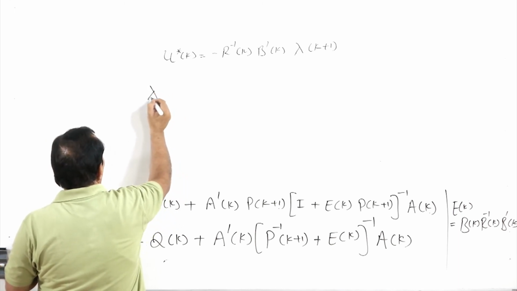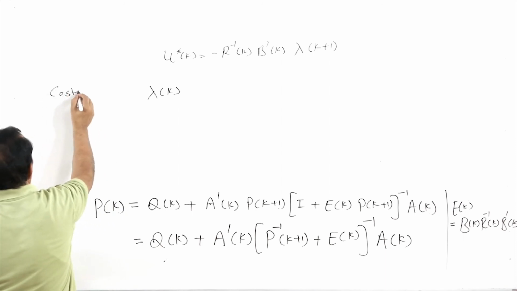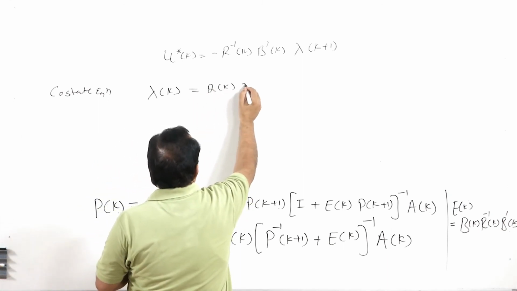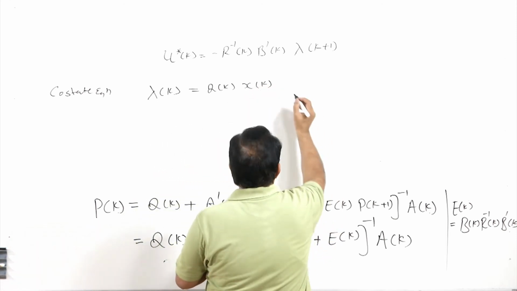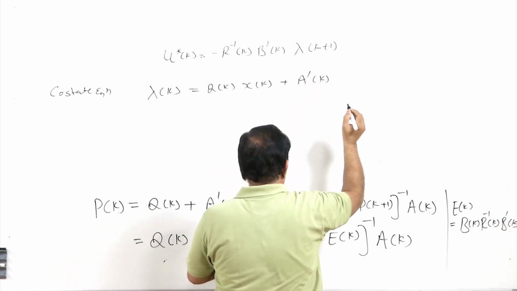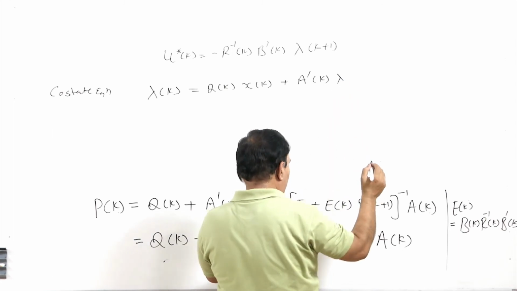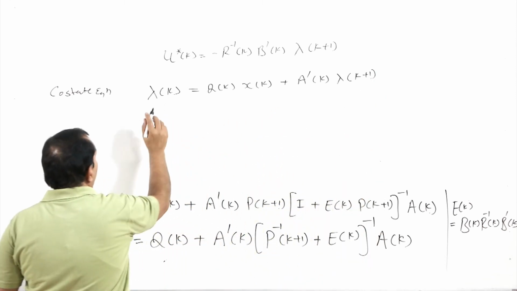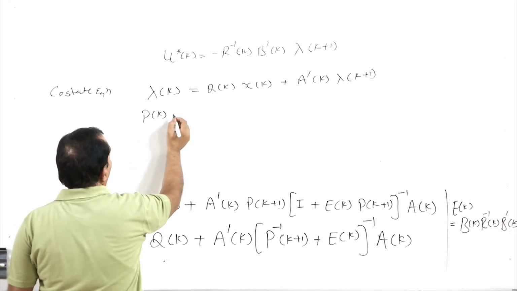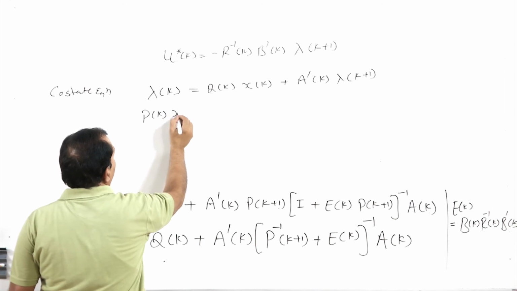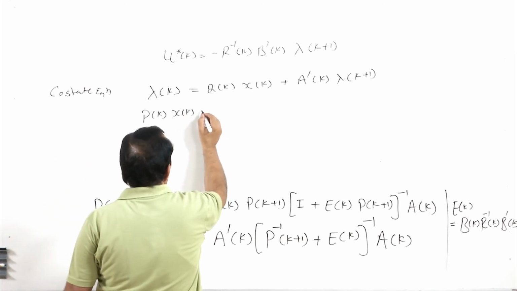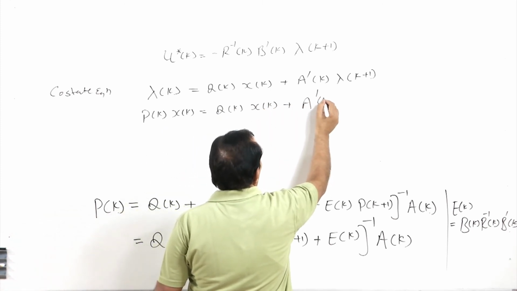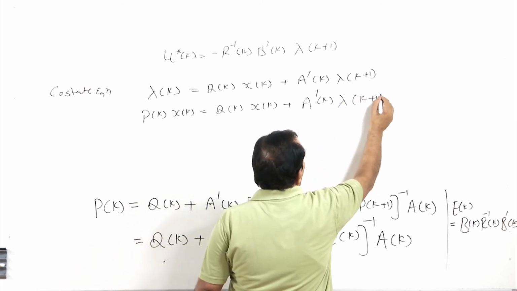So, we know my co-state equation is lambda k is qk xk plus A transpose k lambda k plus 1, and if I replace lambda k as pk xk, this is qk xk plus A transpose k lambda k plus 1.